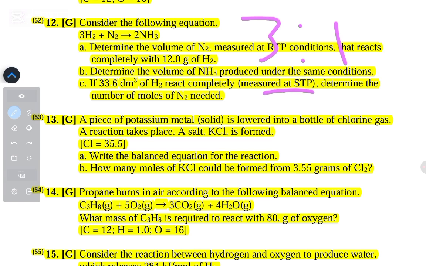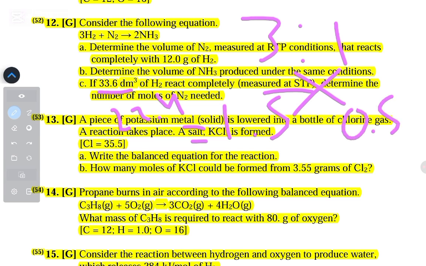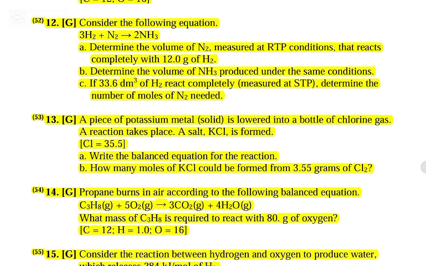STP is 22.4. To make it into moles, you divide 33.6 by 22.4, which gives you 1.5. Now we can just cross multiply, which gives you 0.5. That's it, 0.5 moles.